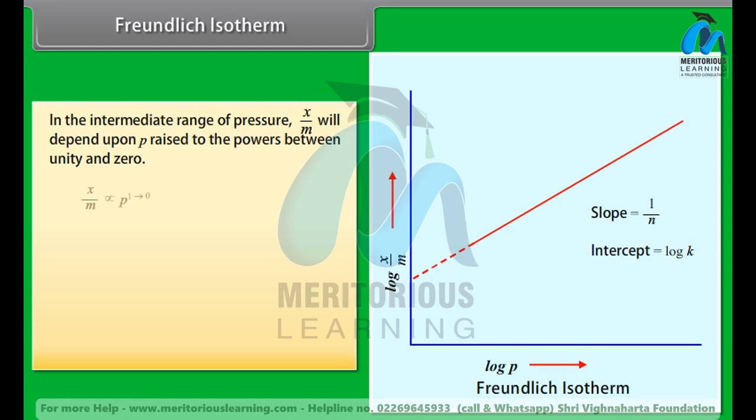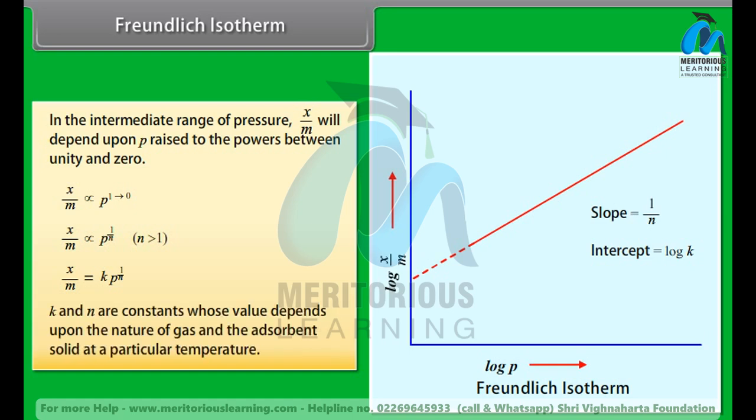This can be expressed as x/m ∝ P^(1/n), where the value of n is greater than 1, or it can be written as x/m = K P^(1/n).